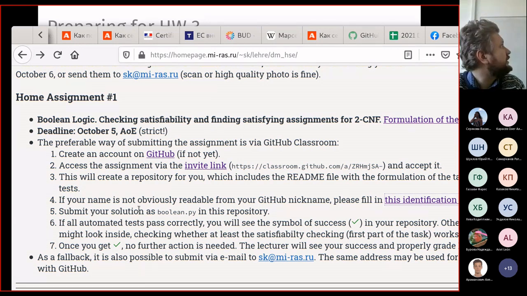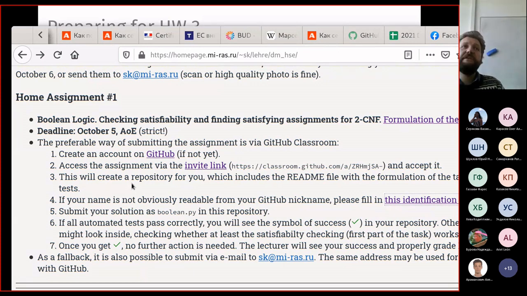So again, you can still submit it right by now. Here we'll see how you can do this. You have to use a GitHub account. You accept your assignment via the invite link, which is here, and this will give you a repository which includes the tests and the testing workflow.